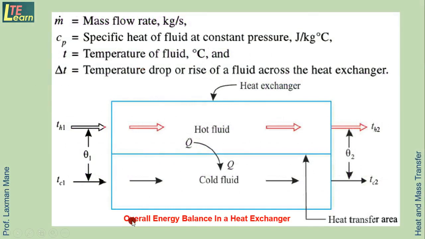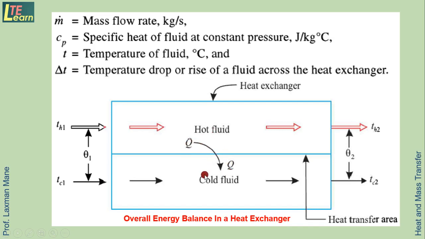Here in this diagram, overall energy balance in a heat exchanger is shown. Hot fluid is passing through this upper passage and cold fluid is passing through this lower passage. So here heat transfer is taking place from hot fluid to cold fluid.